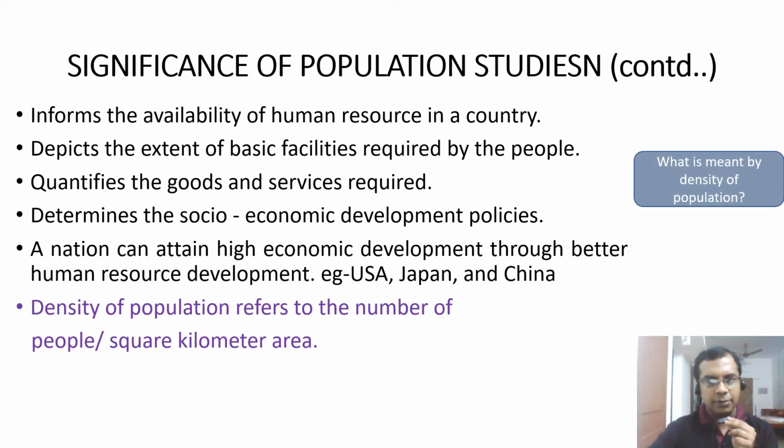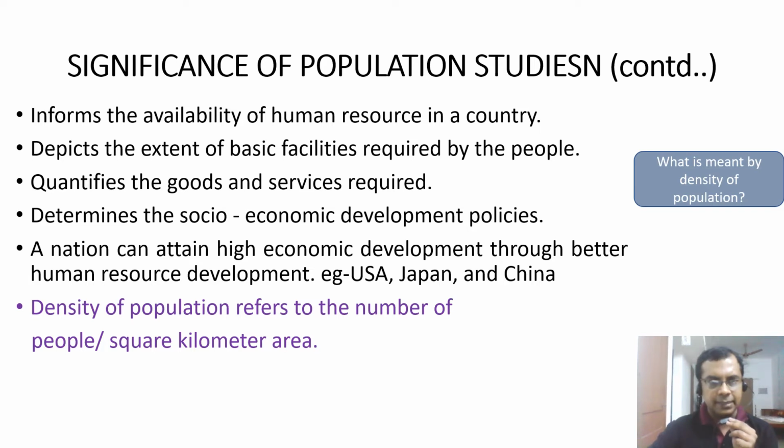Now we can study about the density of population. It's rather a frequent question being asked in SSLC. Density of population refers to the number of people per square kilometer area. We study population because it gives information about the availability of human resources in a country.